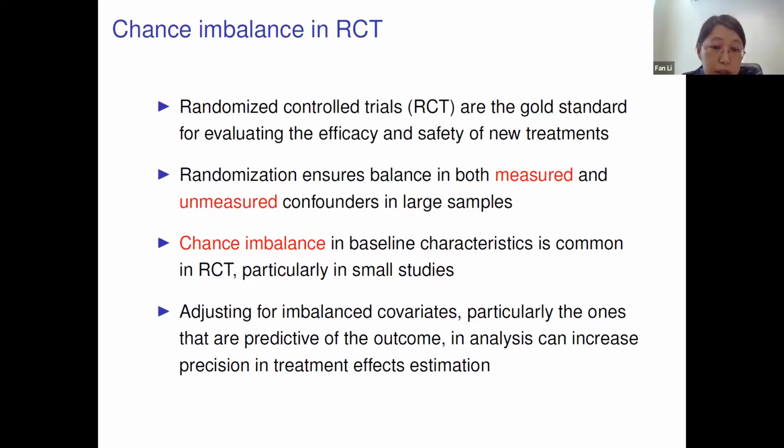Most of the time this is not a big concern. But when you have a small study, and the chance imbalance happens in some important predictive covariates, particularly the baseline outcome, then theory and practice show that if we can adjust for such imbalanced covariates, we can increase precision in the treatment effect estimation.